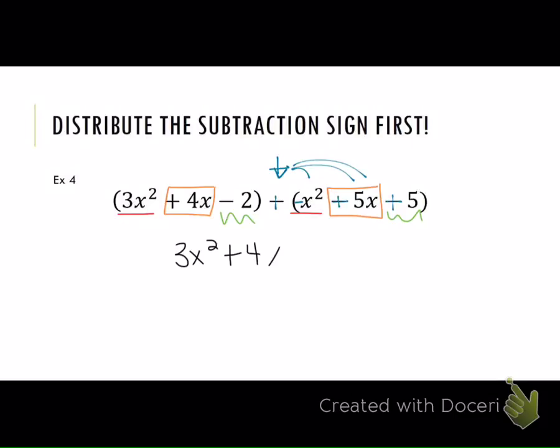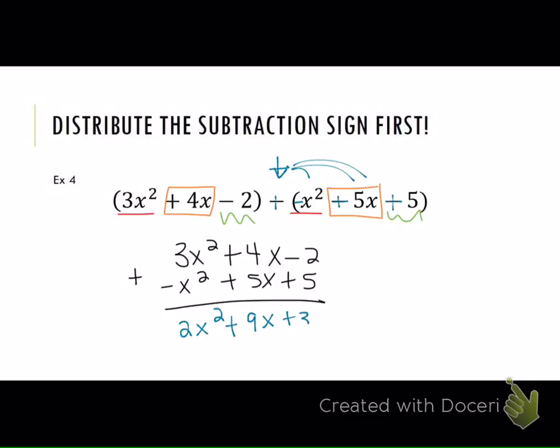So we line up our like pieces. So what's 3x squared plus negative x squared, Emil? 2x squared. And Emil, 4x plus 5x is? And negative 2 plus 5, Emil? Good. Is that in standard form? Biggest exponent to smallest exponent.